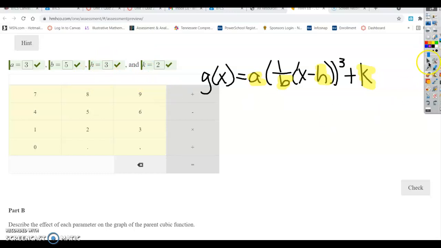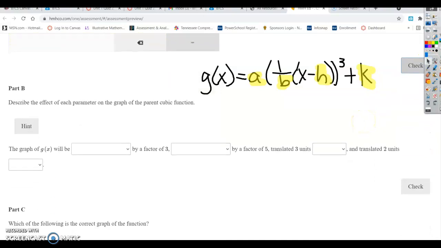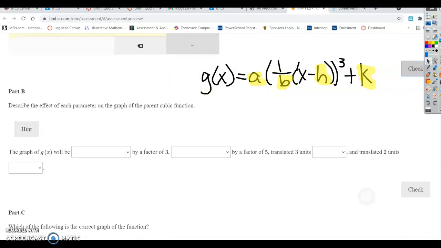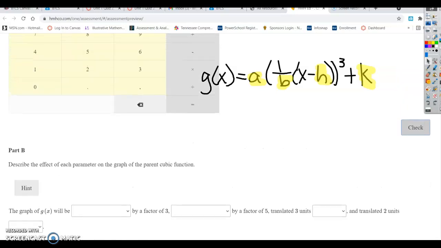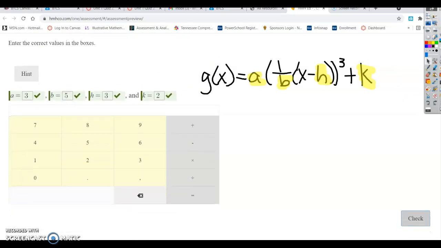Let's see what the next question asks. It says describe the effects of the parameters of the equation of the parent cubic function. Let's write that down too, it kind of helps to see the equation.